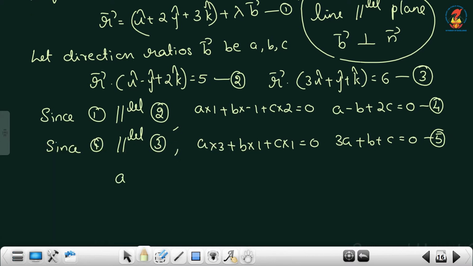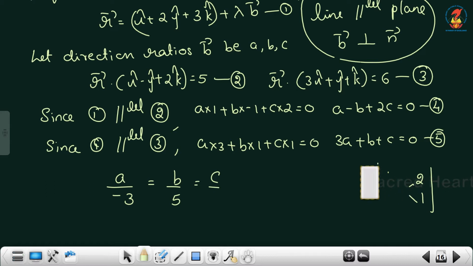So a by, okay, don't take this a part, b and c coefficients you have to take, then cross multiply. Minus 1 minus 2 becomes minus 3. Then equal to b by coefficients of a and c, cross multiply, but the second part first. So 6 minus 1 is 5.